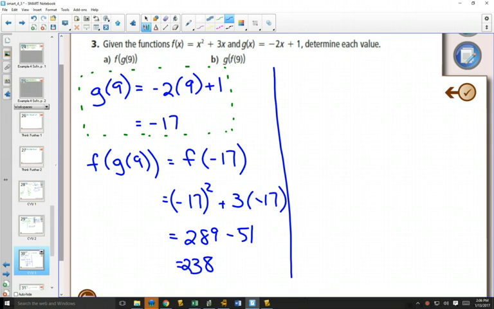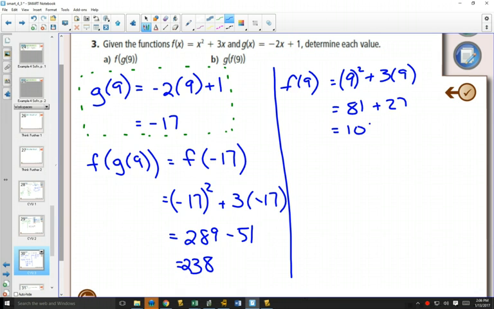So g of f of 9, you're going to want to figure out f of 9 first. So you plug in 9 into the f function. That'll be 9 squared plus 3 times 9. 81 plus 27, or 108. And now we can figure out g of f of 9.